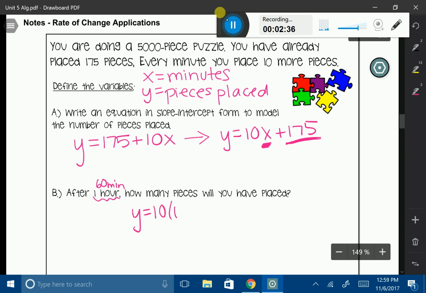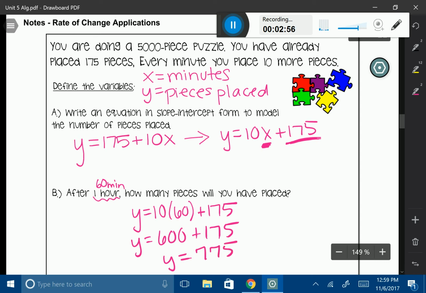So 10 times 60 plus 175. And then I can go ahead and simply solve it. 10 times 60 is going to give me 600 plus 175. So my y will end up being 775.